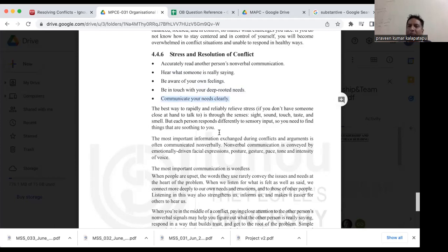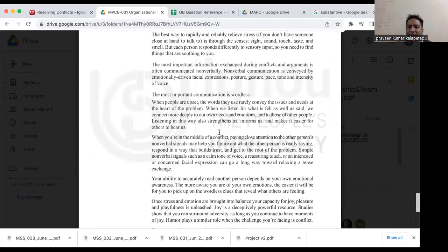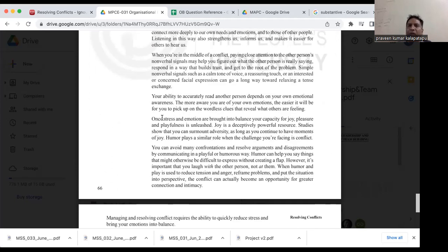And you should be able to communicate your needs in a clear way. So once stress and emotion are brought into balance, obviously your capacity for joy, playfulness, etc. will improve, and this is going to foster resolution very easily, right? You can avoid all those confrontations, and you should be able to resolve it in a much better way.